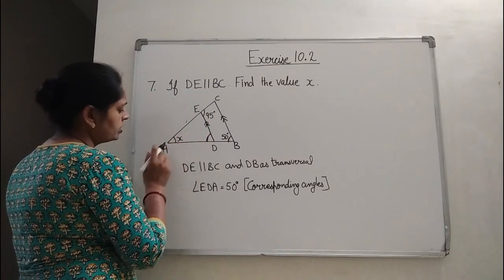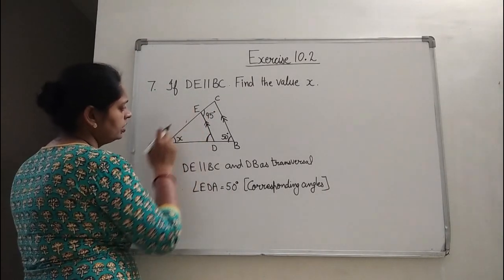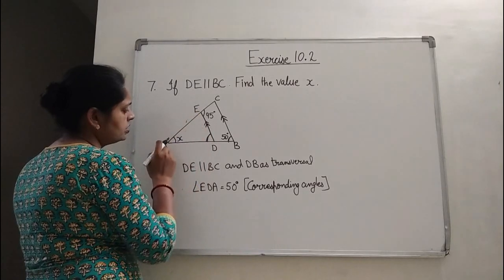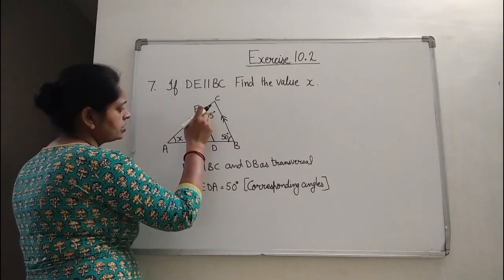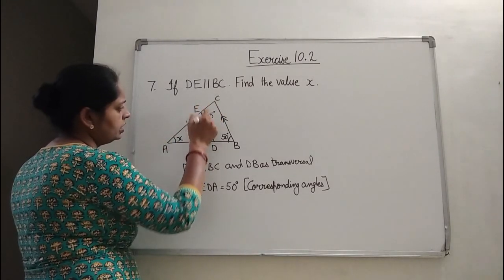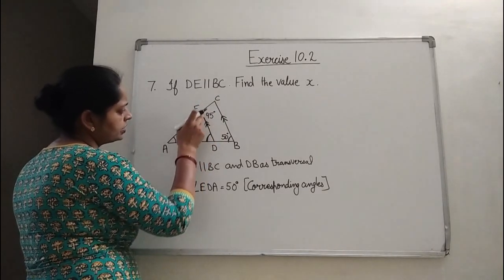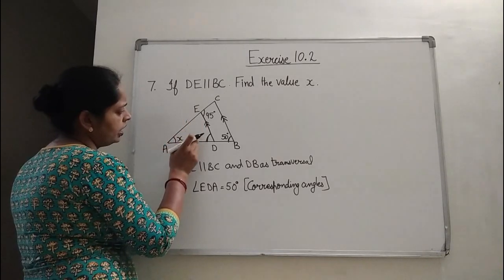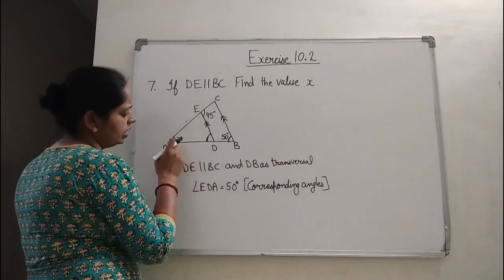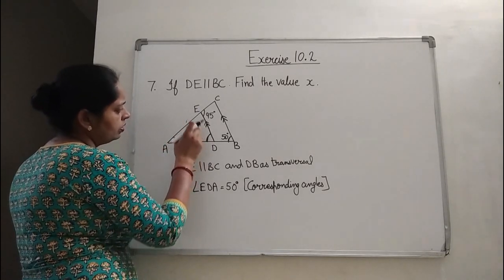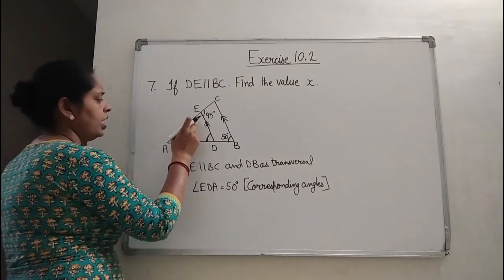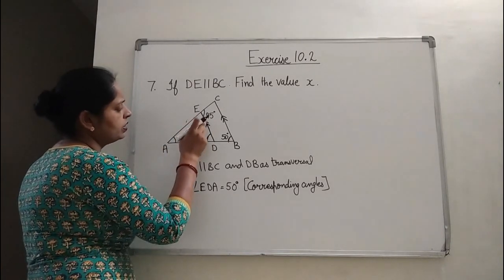You can also see the triangle ADE. ADE is a triangle and this 95 degree, that is angle ECD, is an exterior angle, and if this is an exterior angle, then X and angle EDA are opposite interior angles, and the sum of opposite interior angles will be equal to the exterior angle.